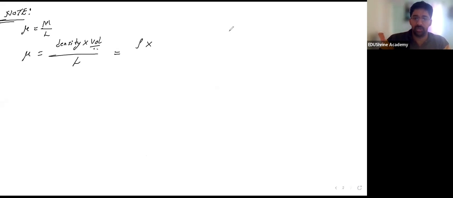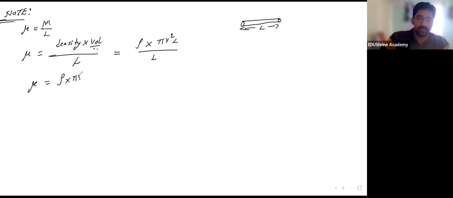And the volume of the wire, the string means it is a wire, no? It appears cylindrical in shape, of length L that we selected. So the area will be pi r square. So it is pi r square into L, whole divided by L. Got it? So we get mu as rho into pi r square.